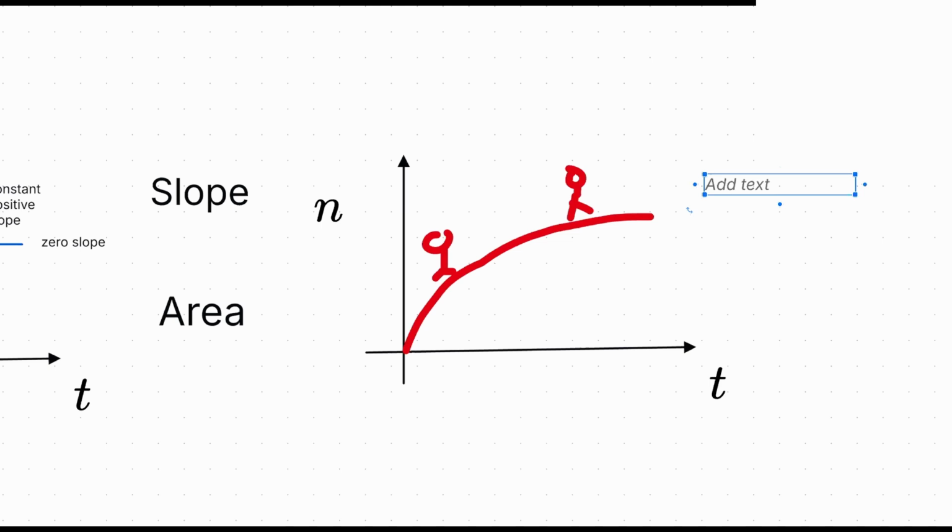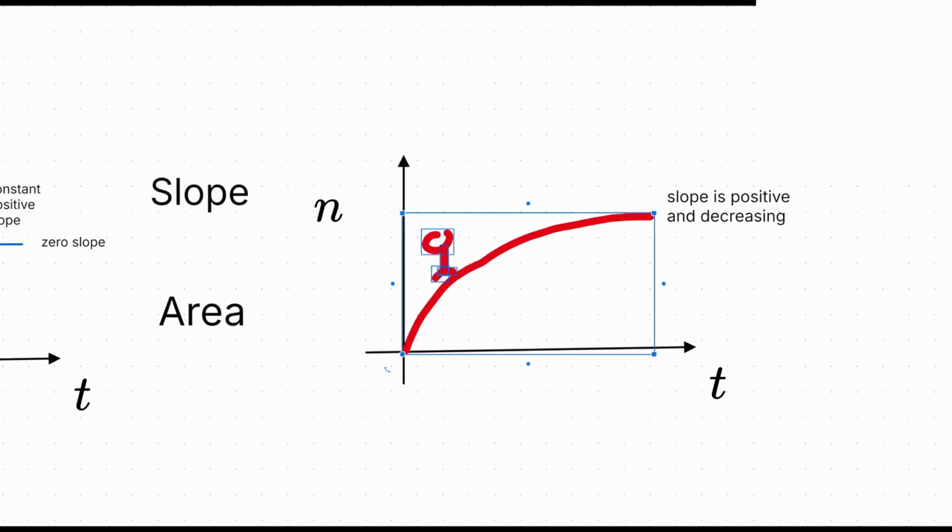When you draw a tangent line to the curve, you can still see that it yields a positive slope. So while the slope is decreasing, it is also positive. The slope is positive but decreasing because the steepness decreases over time. You can imagine it to have a positive value, but the magnitude is decreasing.